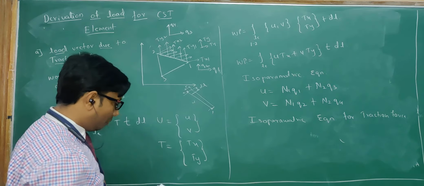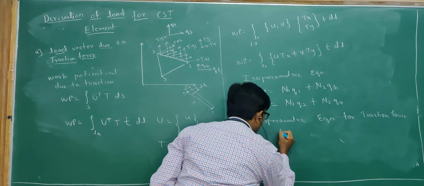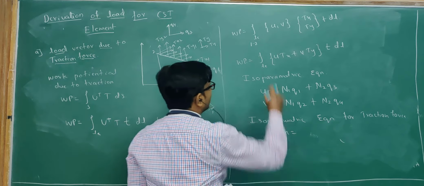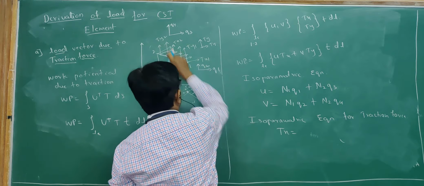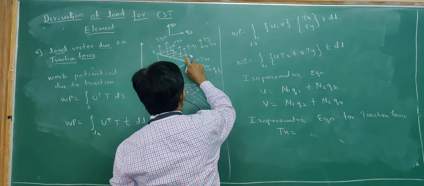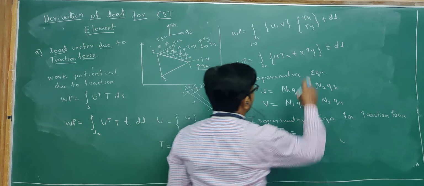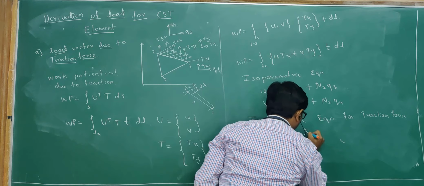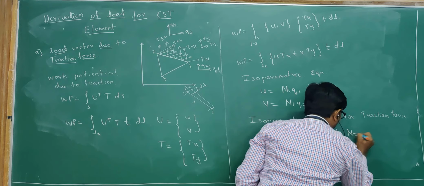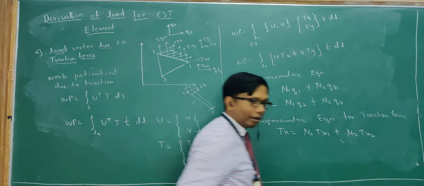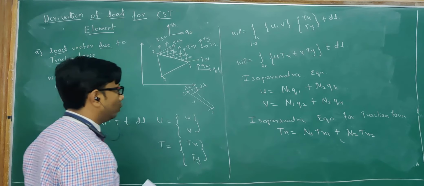So what we will be writing here is Tx, which is resolved into Tx1 and Tx2, and Ty is resolved as Ty1 and Ty2. So Tx is given as n1 Tx1 plus n2 Tx2.